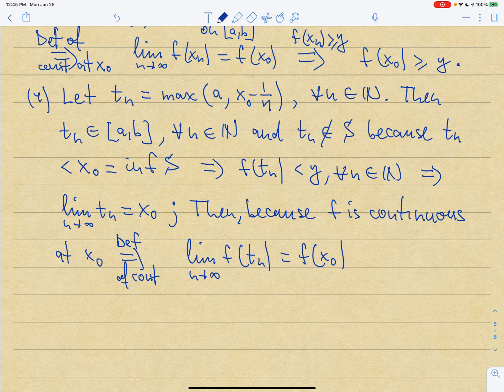Right? If Tn goes to x0, then f of Tn should go to f of x0 because f is continuous at x0.